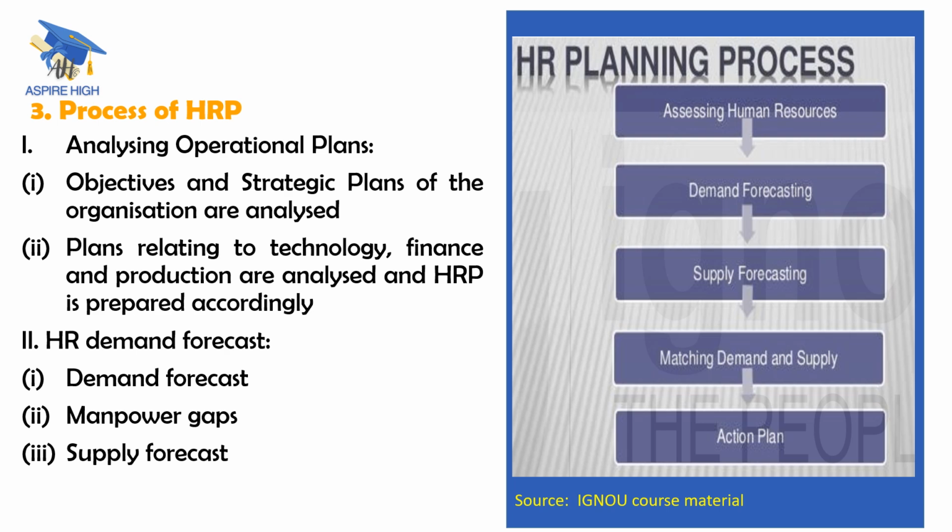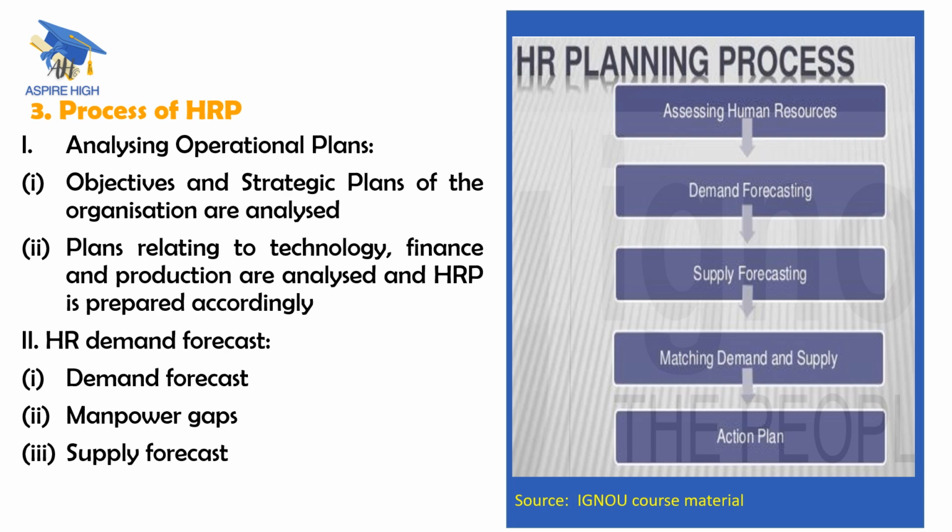The first part in the process of HRP is analyzing the operational plans. Objectives and strategic plans of the organization are analyzed. That means when we want to know how many people in a particular role are required, first we should know what the objectives and strategic plans of the organization are. What type of plans?